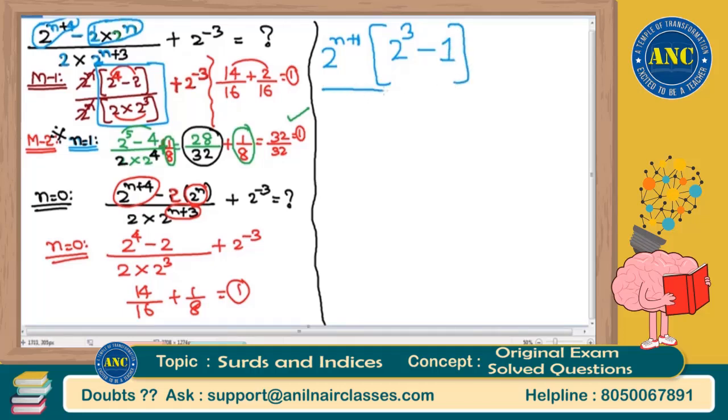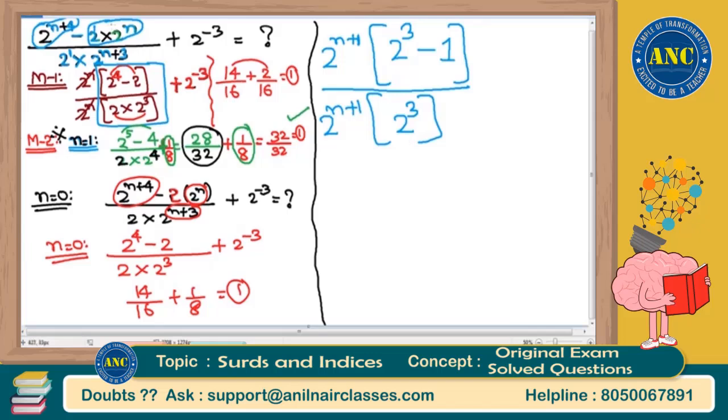Minus 1 divided by denominator also take 2 power n plus 1 common factor. This is 2 power 1 into 2 power n plus 3, it became 2 power n plus 4. I took 2 power n plus 1 outside. Another 2 power 3 is pending. Then only it becomes 2 power n plus 4.